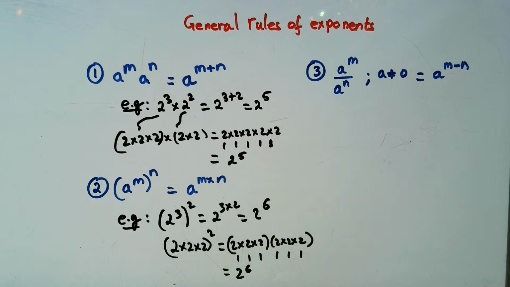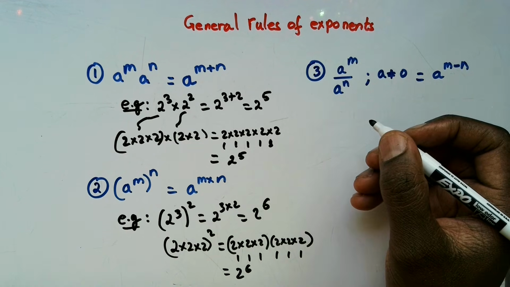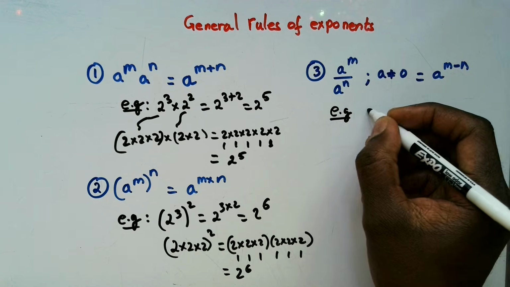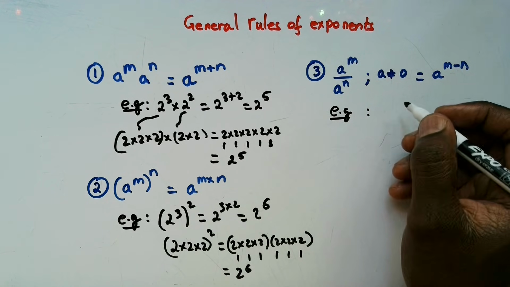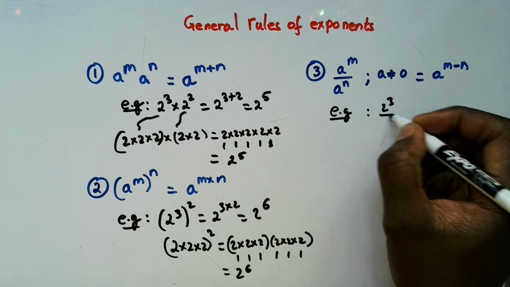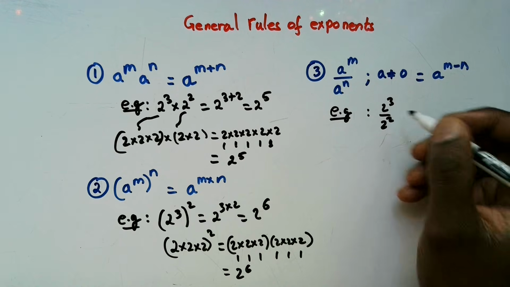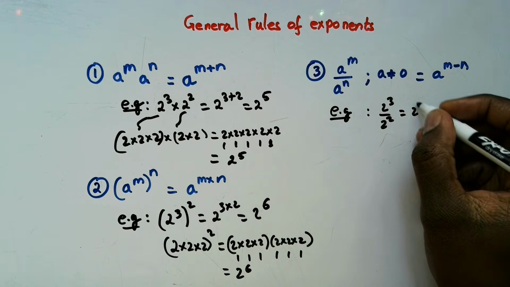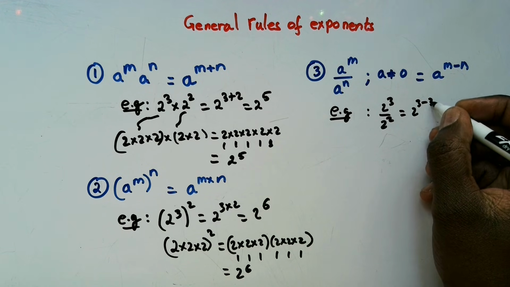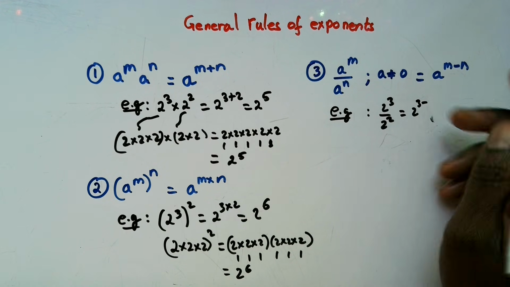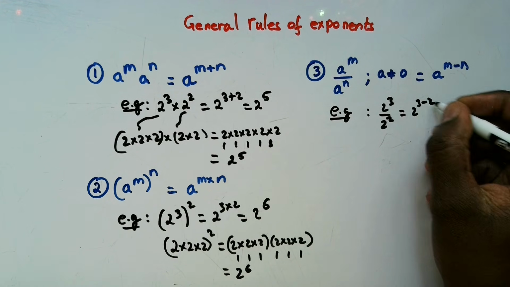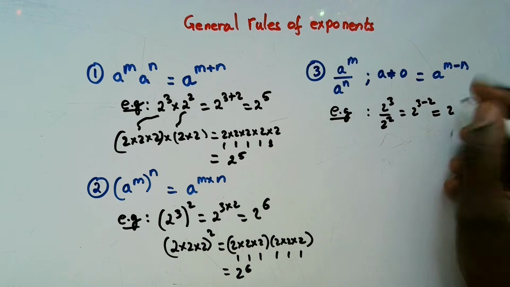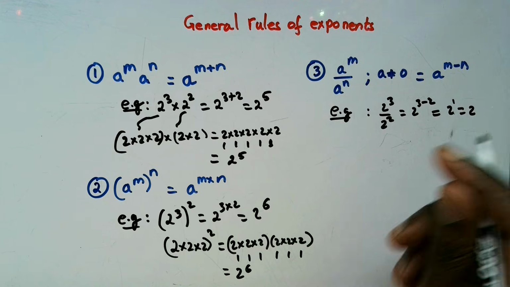As an example, we can take 2 cubed over 2 squared. So if we do that, it's going to be 2 to the power 3 minus 2, which equals 2 to the power 1, which in fact equals 2 itself.